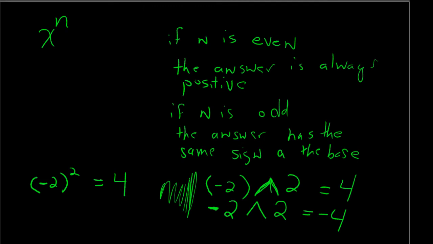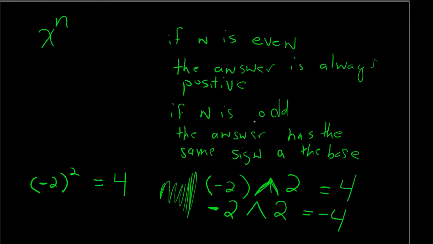All right, so what we're going to do here is walk back a little bit and talk about what I was just writing. I'm just going to go back 2 examples and redo everything, and I'm going to come back to this screen to make these notes. The idea is if I have some base to any power, if the power is even, the answer will always be positive.